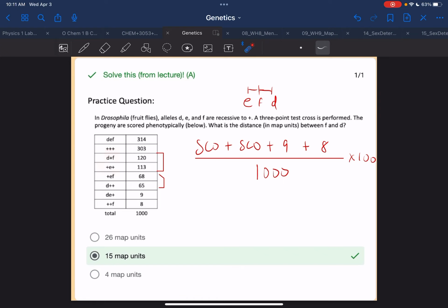Right here, if you look at D and F, they're both recessive in this one, and they're both dominant in this one. So we would not use these two values.